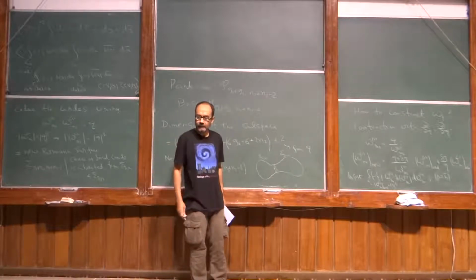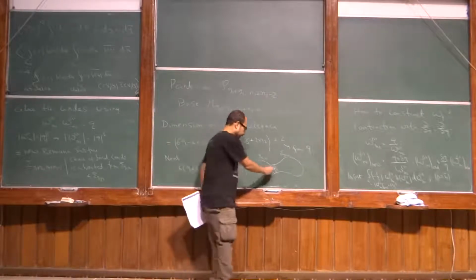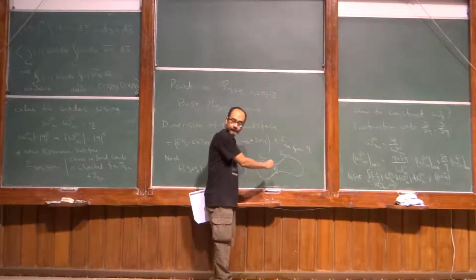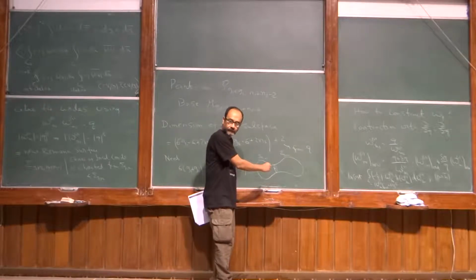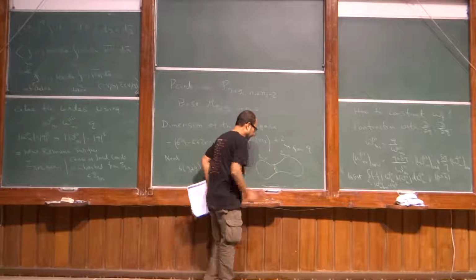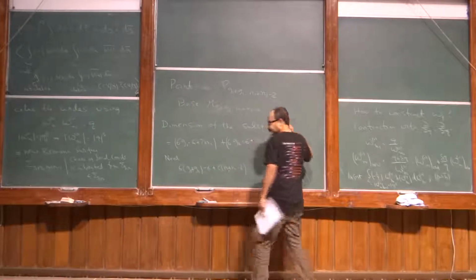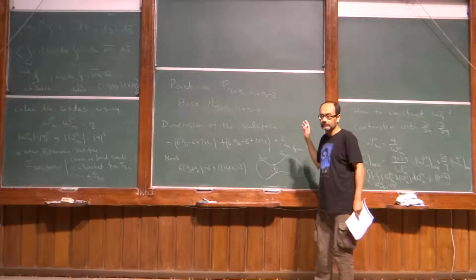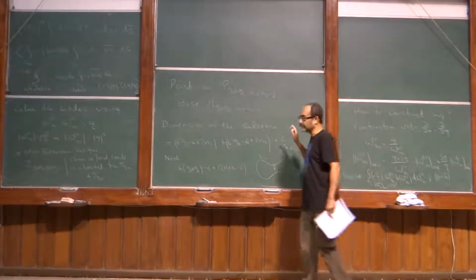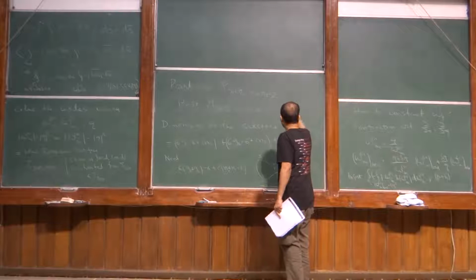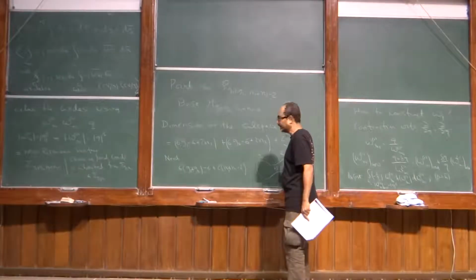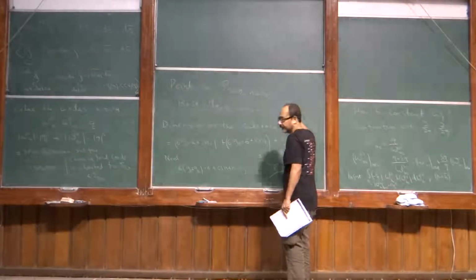But W1 was the coordinate on this region. W1 was the coordinate around the puncture, of which we removed a small circle here.